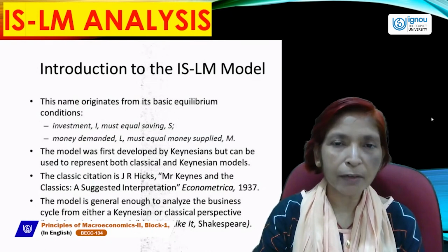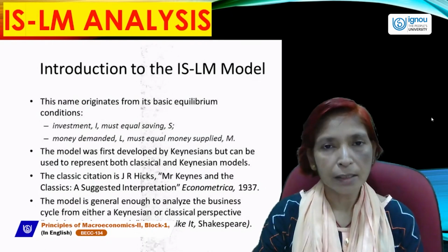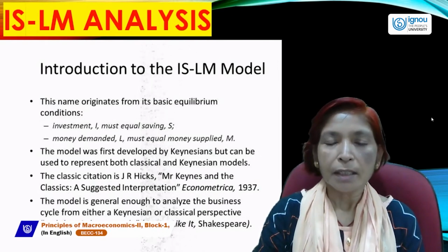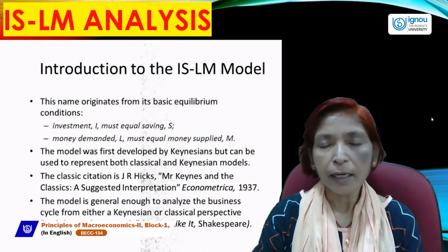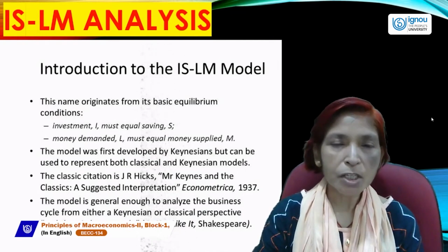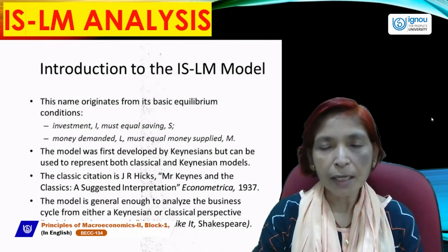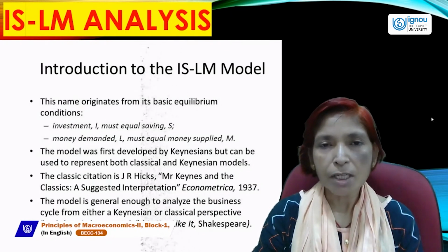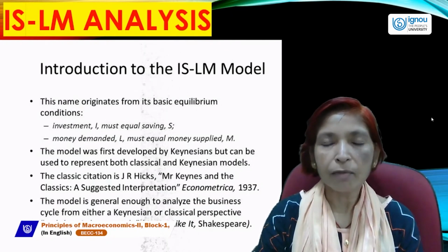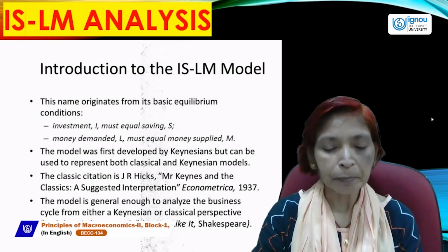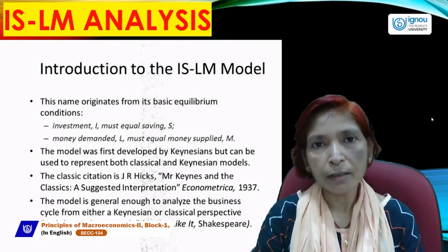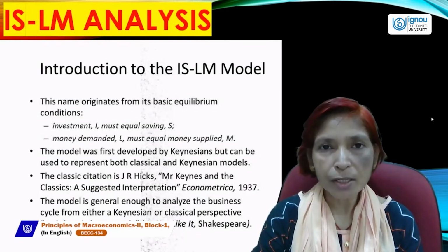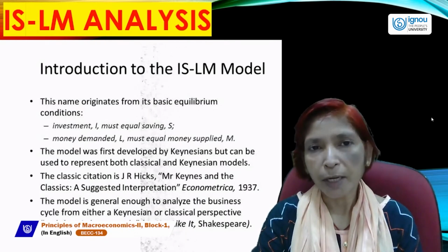The basic difference between the classical approach and the Keynesian or J.R. Hicks approach is that Keynes used money demand and money supply, investment and saving, but classical economics uses demand for loanable funds, which is always a downward sloping curve and inversely related to the rate of interest, and supply of loanable funds, which is always an upward sloping curve, showing a direct and positive relationship between interest rate and supply.